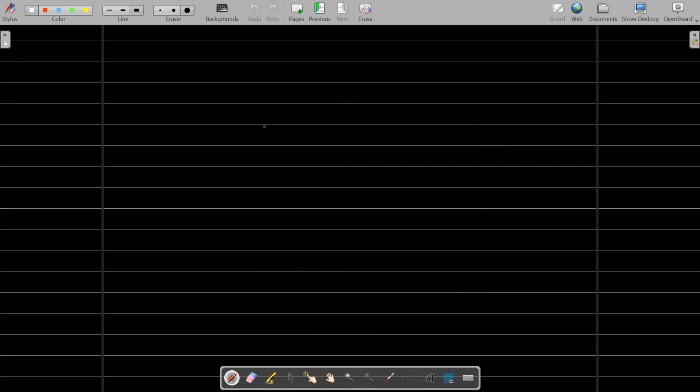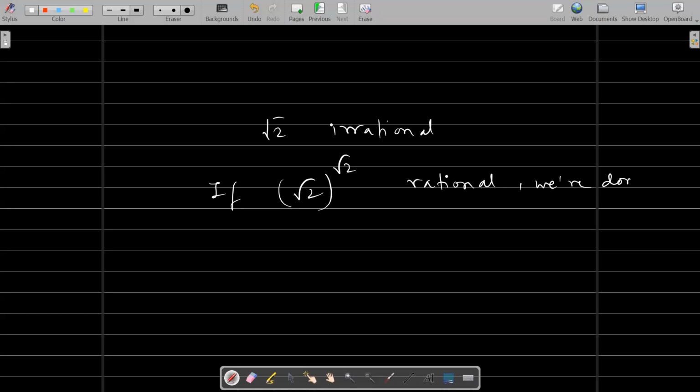So you look at root 2, which is irrational. Root 2 is irrational. And consider root 2 raised to root 2. If this is rational, then we have got a counter example, right? If this is rational, we are done. But it's difficult to check.